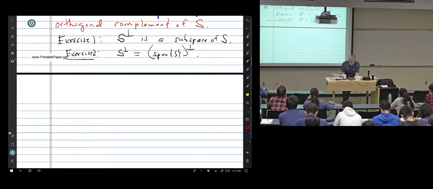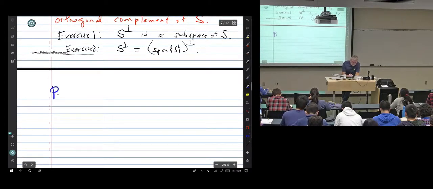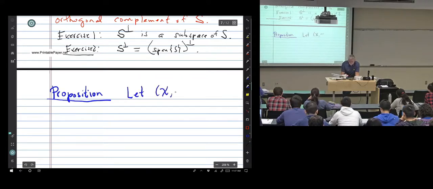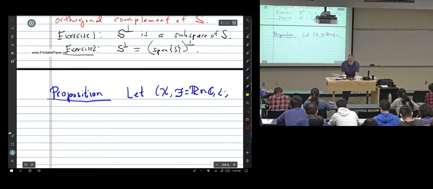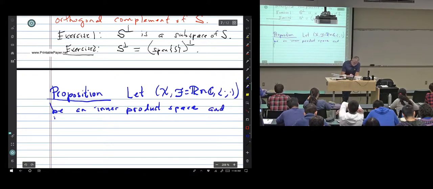Okay, let me write down one thing, and then I'm going to ask you to prove it at home, and then we'll do the proof. Let X, with F equals R or C, be an inner product space, and finite dimensional.